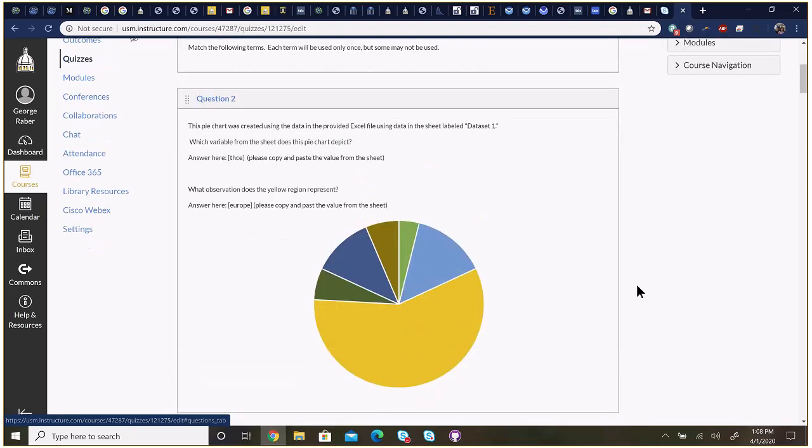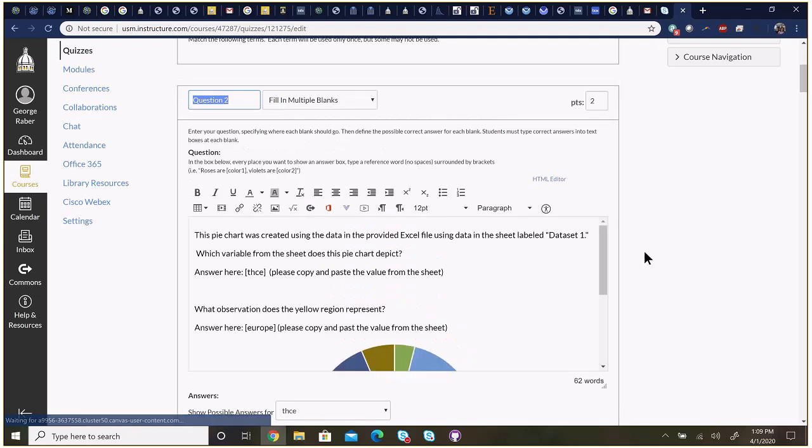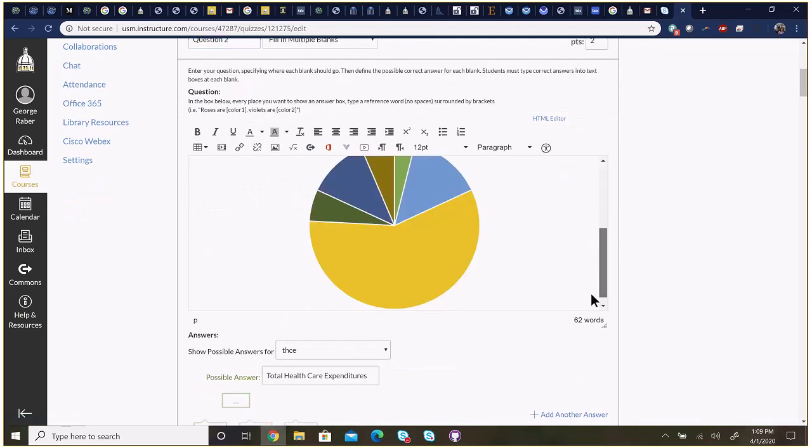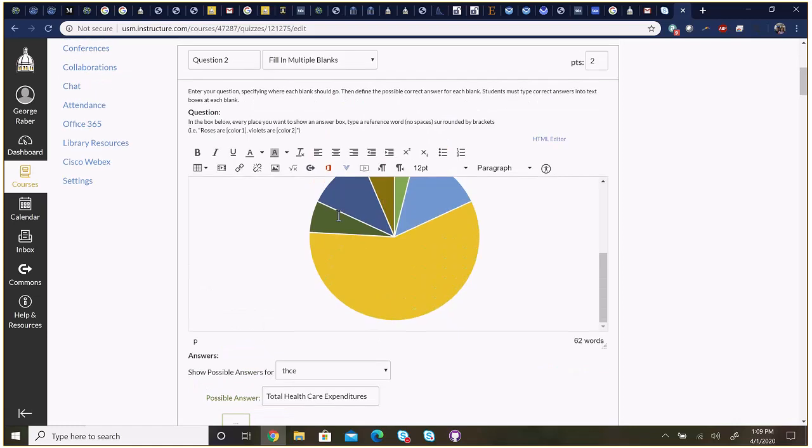Everybody did fairly well on the pie chart, but there was actually some confusion. I was looking for which category these were. So this does fall into some questions.